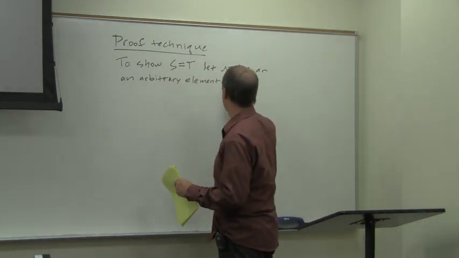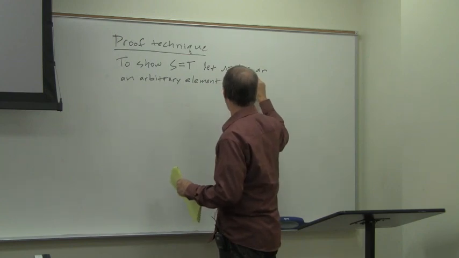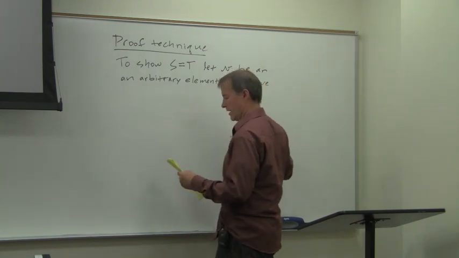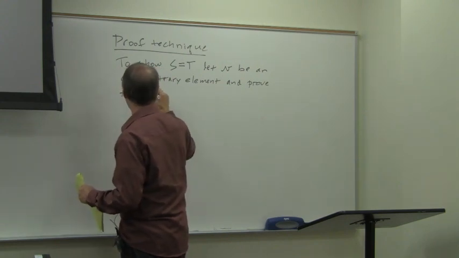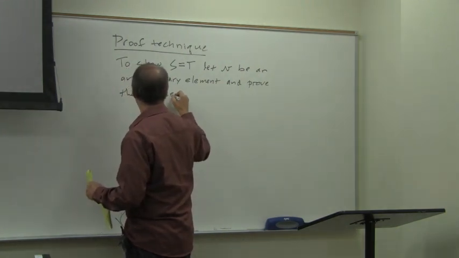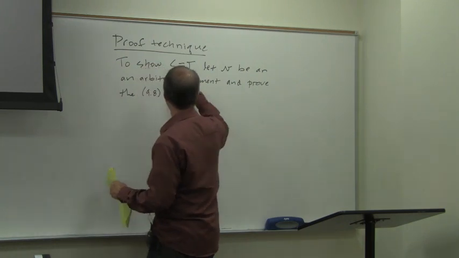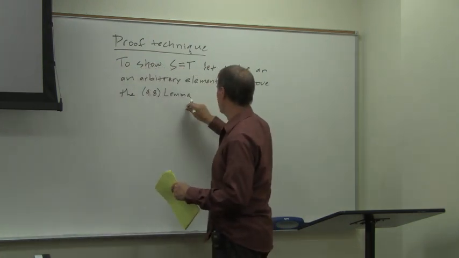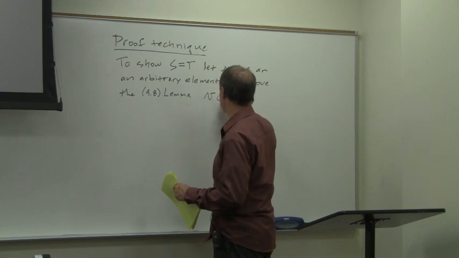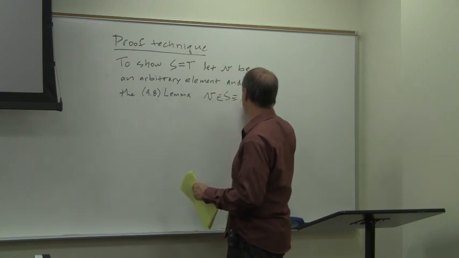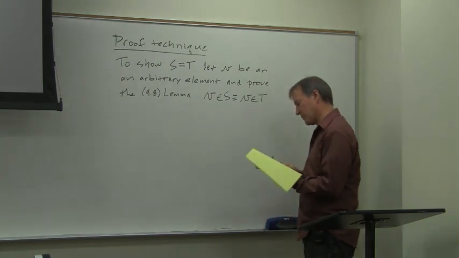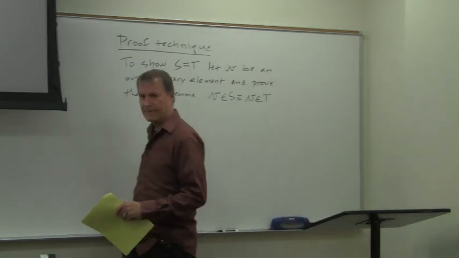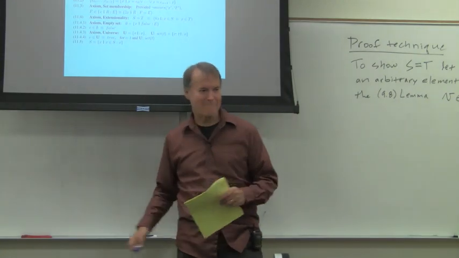And prove what we're going to call the 9.8 lemma. So to show that this equals this, we will prove the 9.8 lemma. Show that v is an element of S if and only if v is an element of T. Are you with me?